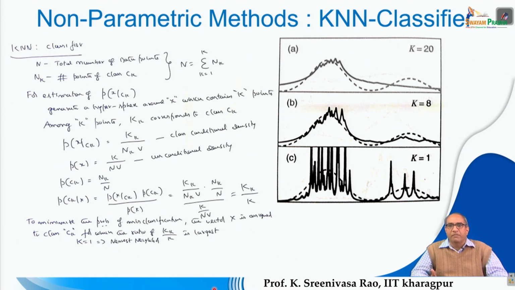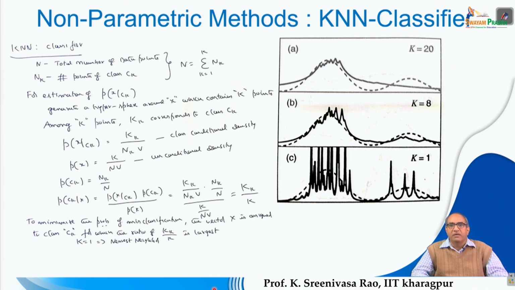In the kernel based method we assume some kernel function, which gives the shape of the enclosure, and within that we see how many data points there are. We estimate the density using the generic formulation k by nV, where k is the number of points within the region, N is the total number of points drawn from the density function, and V is the volume of the enclosed region.